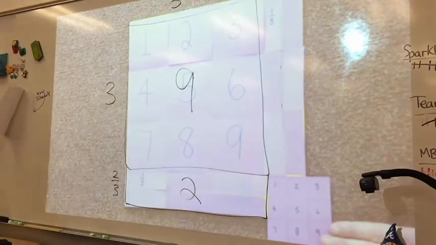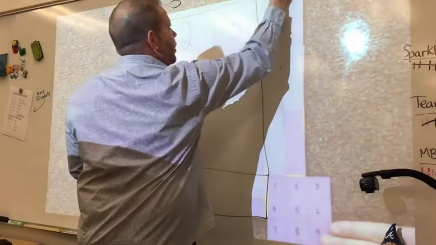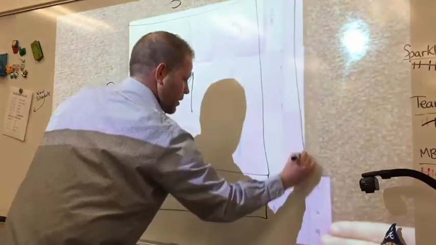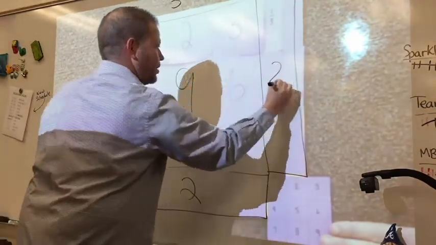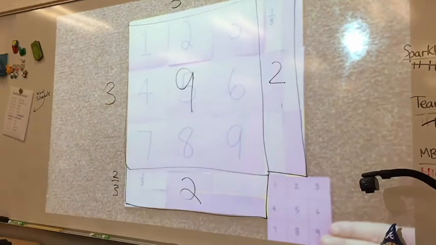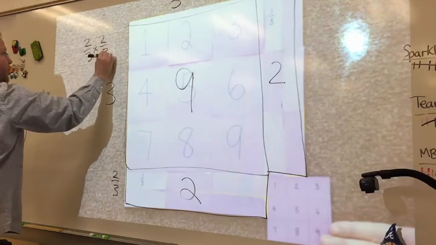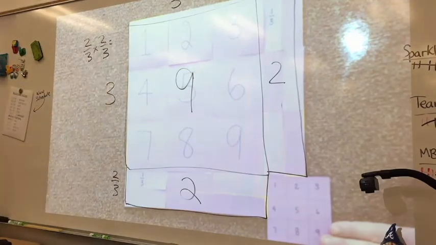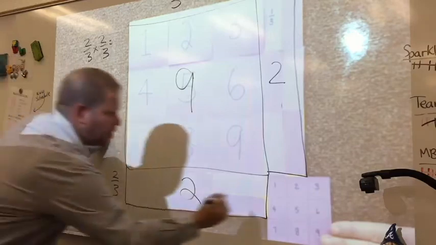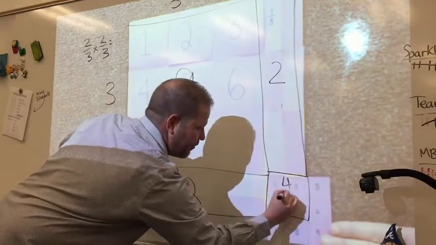The same thing. Same thing, right? So here we'll go 2/3. And this is going to be 2. Now, what do we do in that bottom corner? 2/3 times 2/3. So if we have 2/3 times 2/3, what is that? What is it? 4/9. 4/9. So here we have 4/9.